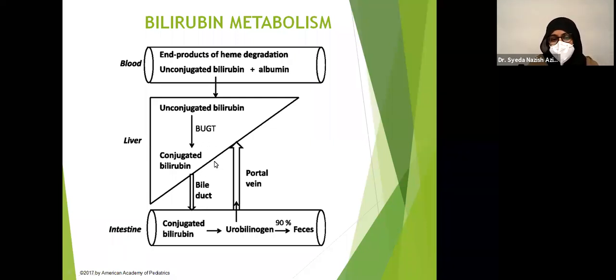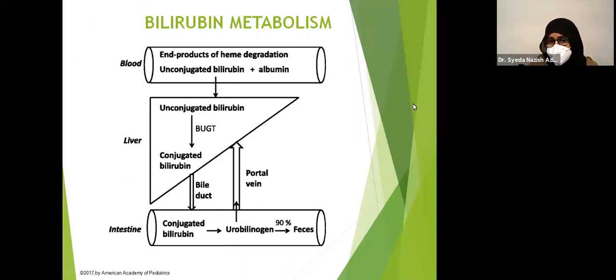This conjugated bilirubin is then secreted through the biliary tract into the intestine, where most of it is converted into urobilinogen by another enzyme and is excreted into the feces. However, a little fraction, almost 5 to 10% of the total urobilinogen, is degraded by the bacterial flora present in the intestine back into unconjugated bilirubin and retransferred through the enterohepatic circulation back to the liver and ultimately back to the circulation.